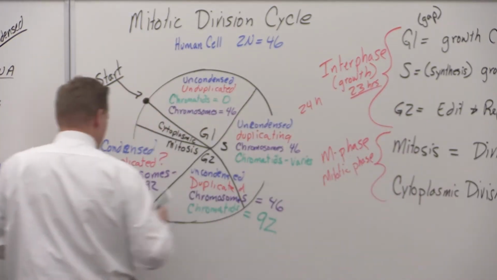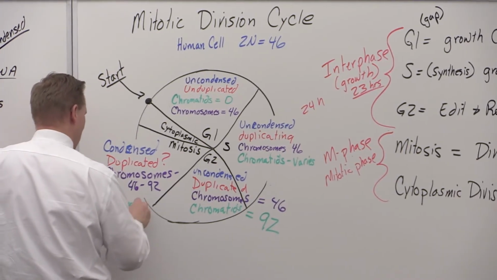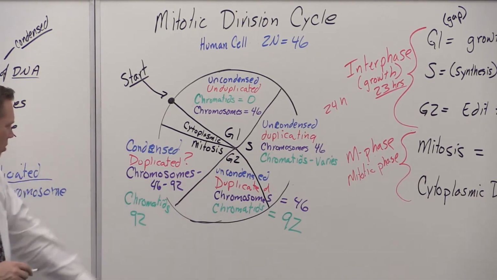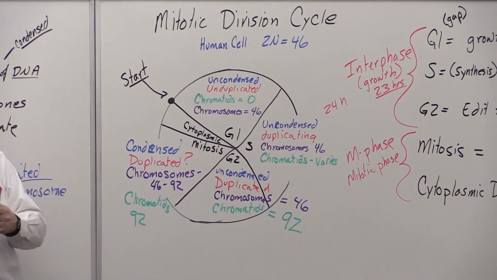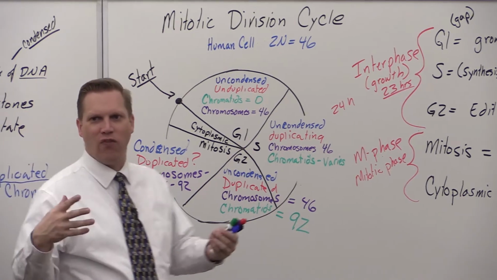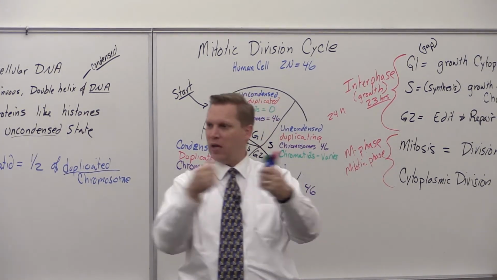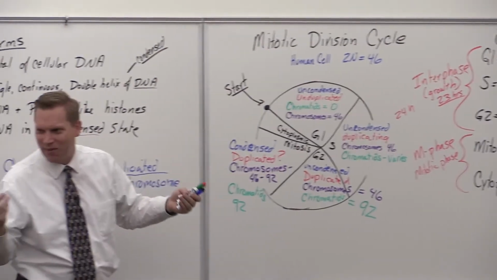And then chromatids gets a little bit funny too. We know that we start out with 92 because we're coming out of G2. And then as we split them, in anaphase, we often refer to it as splitting the sister chromatids, the two connected chromatids. And of course, when we split them, then they're not chromatids anymore.